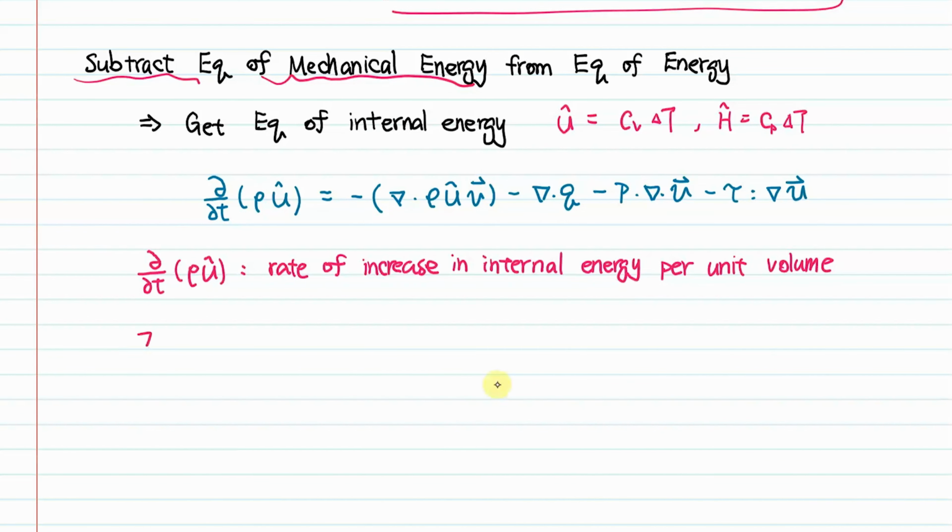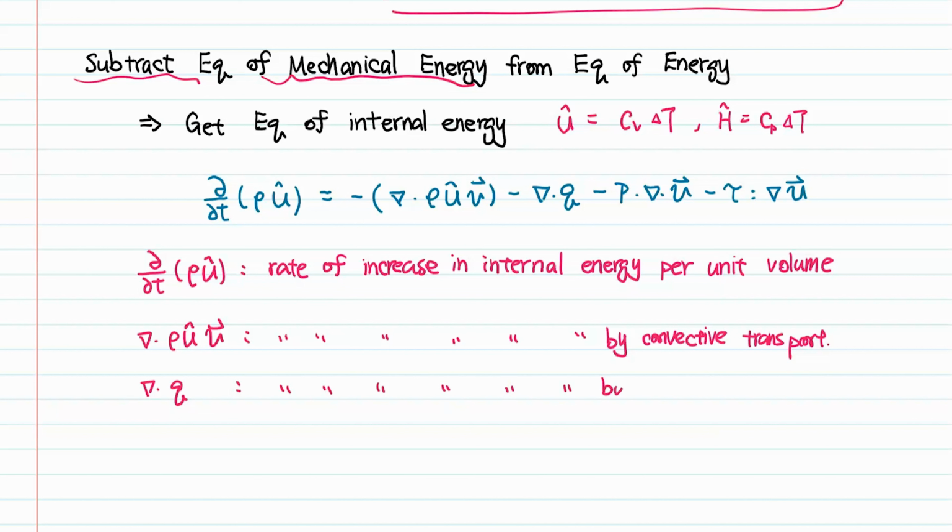And then we have the first term on the right hand side, which would be the rate of increase in internal energy by convective transport. Okay, and also we have the gradient of q, which would be the rate of increase in internal energy by heat conduction.